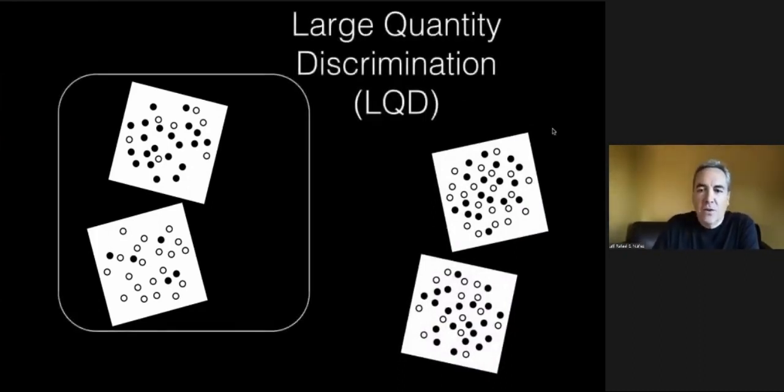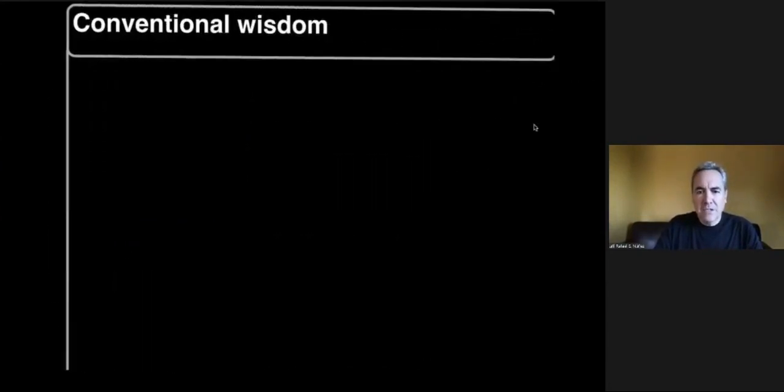That is something that has been termed large quantity discrimination. And again, you don't need any training in anything in particular of language or cultural interventions and so on. It's a pretty solid, well-established result that you can see not just in humans, but in many species.